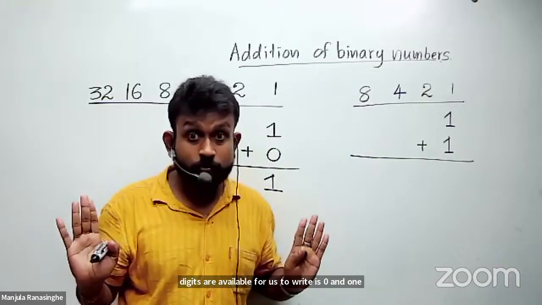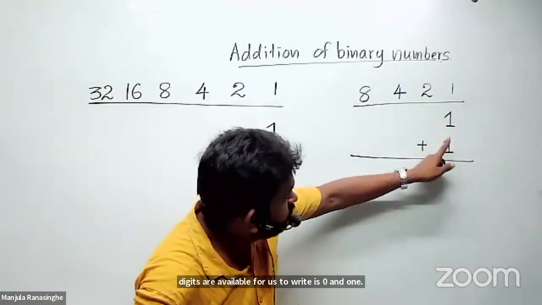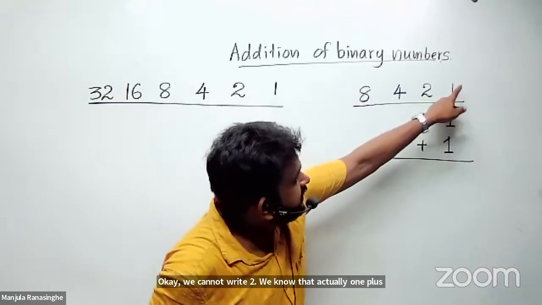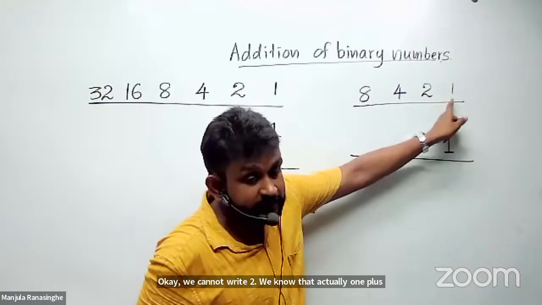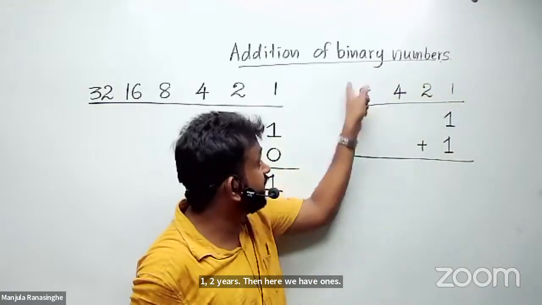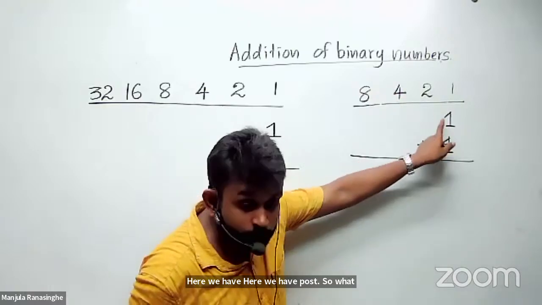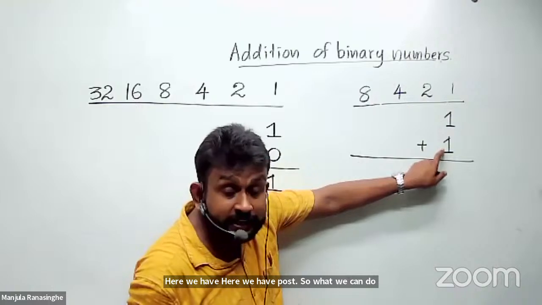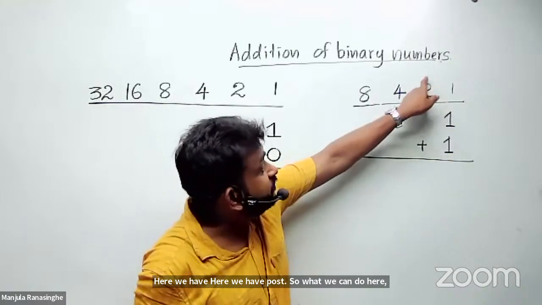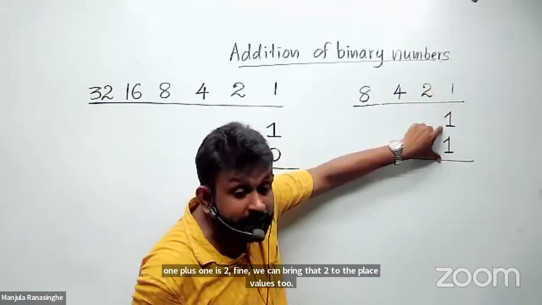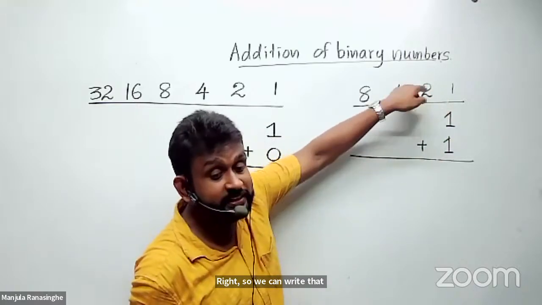We cannot write 2. We know that actually 1 plus 1 is 2. Here we have ones, here twos, fours, eights. So what we can do is bring that 2 to the place value 2. So we can write that 2 as 1 twos here.